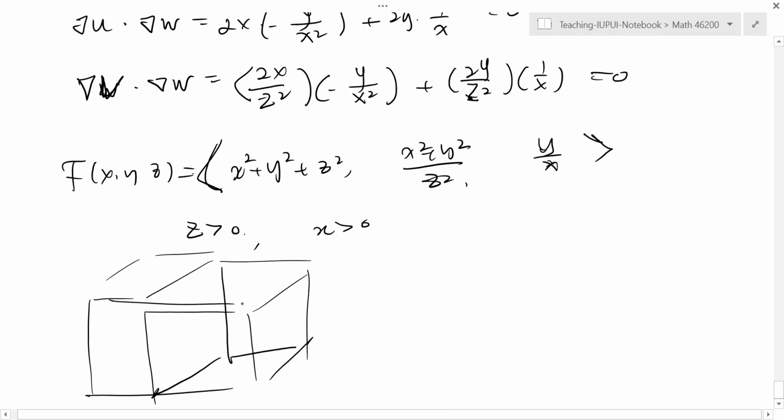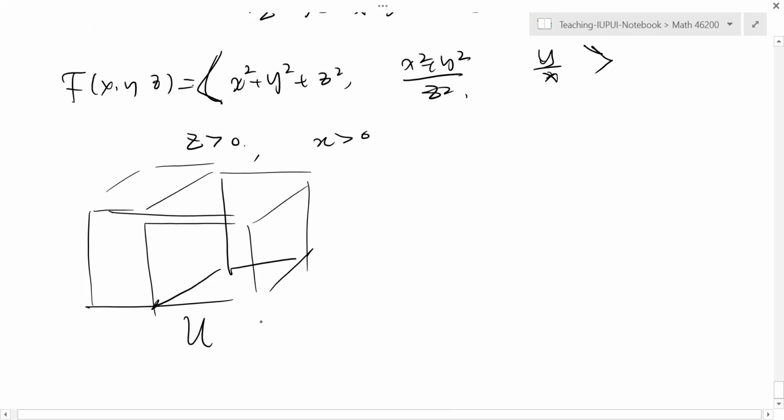So this is our U. And then the image is harder to describe. At least U is positive, right?